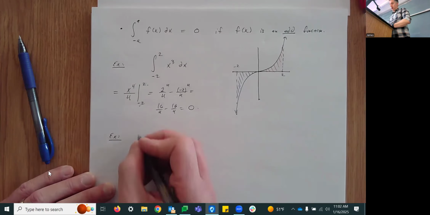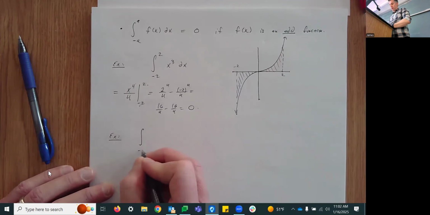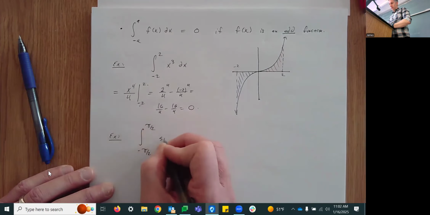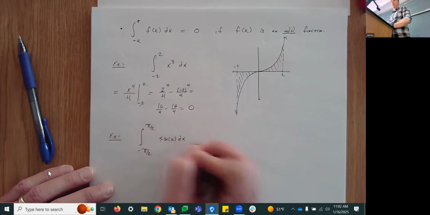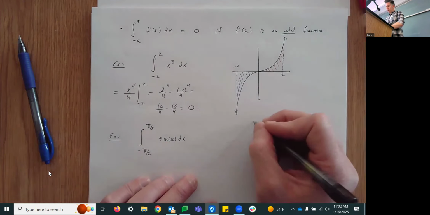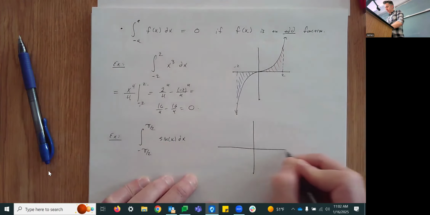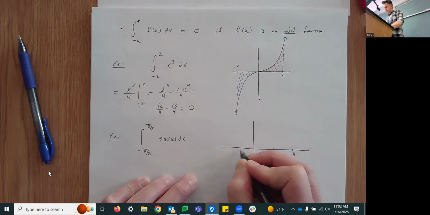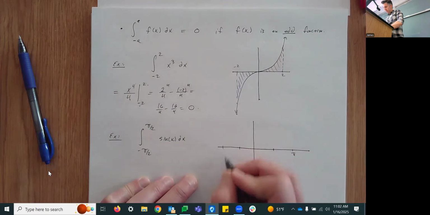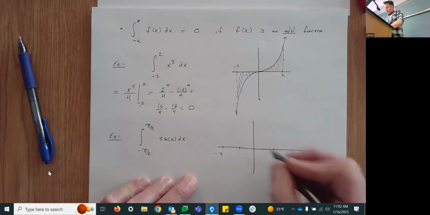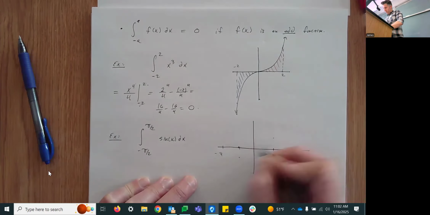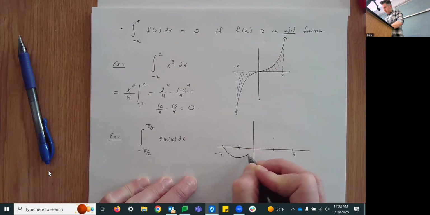Another common example is the integral from negative pi over 2 to pi over 2 of sine of x. Sine of x is famously an odd function. Probably draw it pretty well. Oh well, it just kind of looks like this.